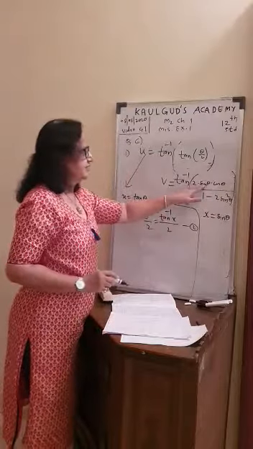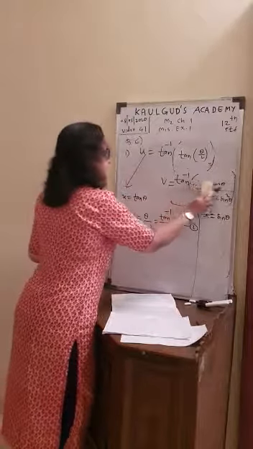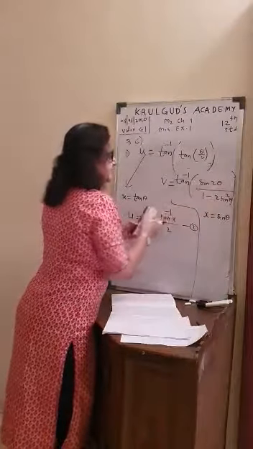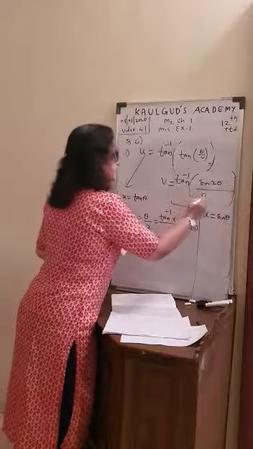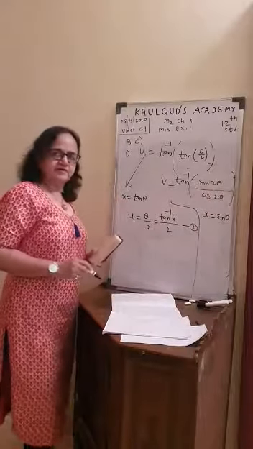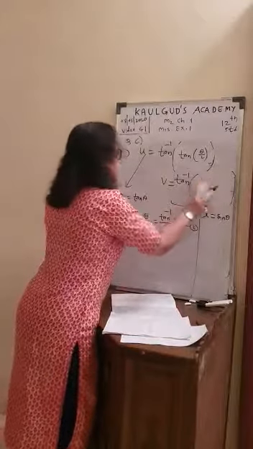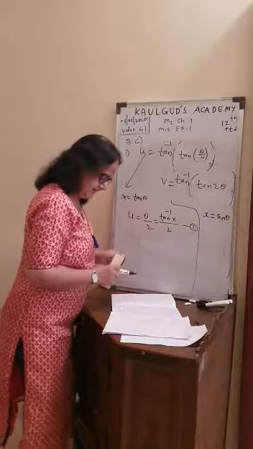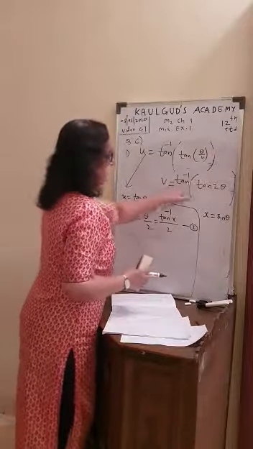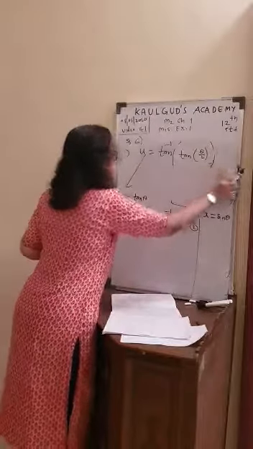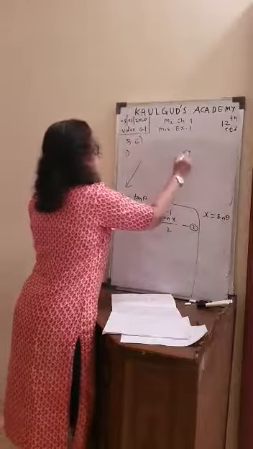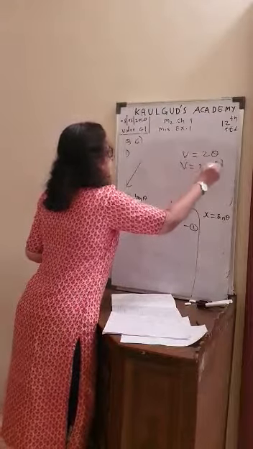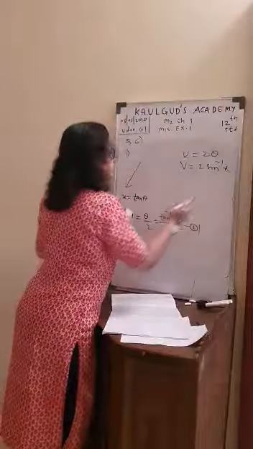Both are formulae. 2 sin theta cos theta, sin 2 theta, numerator, and 1 minus 2 sin square theta, formula for cos 2 theta. Sin 2 theta upon cos 2 theta, tan 2 theta. So tan inverse of tan 2 theta. But you know tan inverse of tan theta will be theta. So therefore, tan inverse of tan 2 theta, v will be 2 theta. Put back theta value, sin inverse x. And this is number 3.